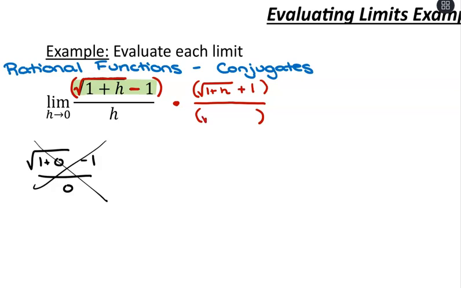And whatever I put in the numerator, I also have to put in the denominator. So in this case, we would be multiplying by a square root of 1 plus h plus 1 on the outside. Notice I really didn't focus on that denominator at all. Having h down there, it's important, but it's not affecting how I create the conjugate.